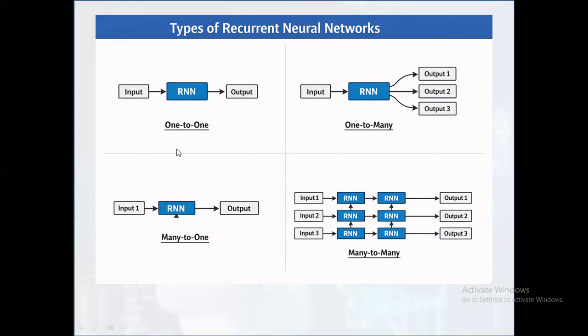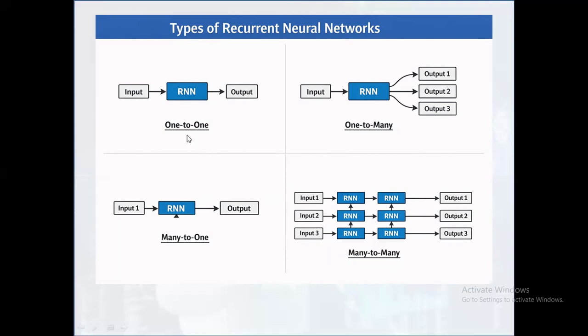Here we will see the four types: one to one, one to many, many to one, and many to many. That means one input and one output, one input and many outputs, many inputs and one output, and many inputs and many outputs. We'll see them one by one.